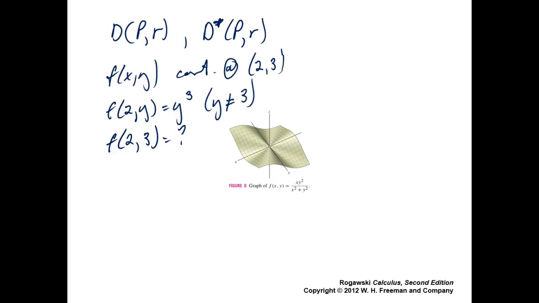If it wasn't continuous at (2, 3), it could be anything. But this says it is continuous there, so therefore the limit as y approaches 3 must be the value of that. And the limit as y approaches 3 would be, it doesn't matter what x is, 27. Okay? That was 2. Does that make sense, sort of?